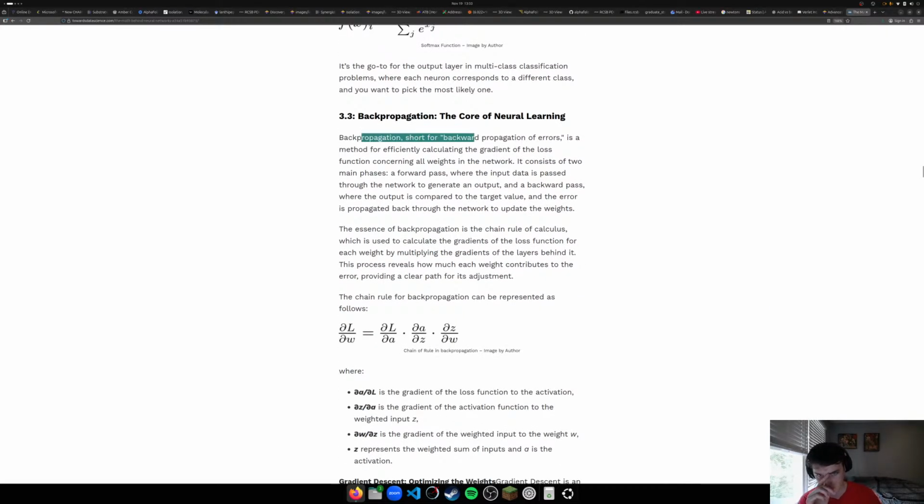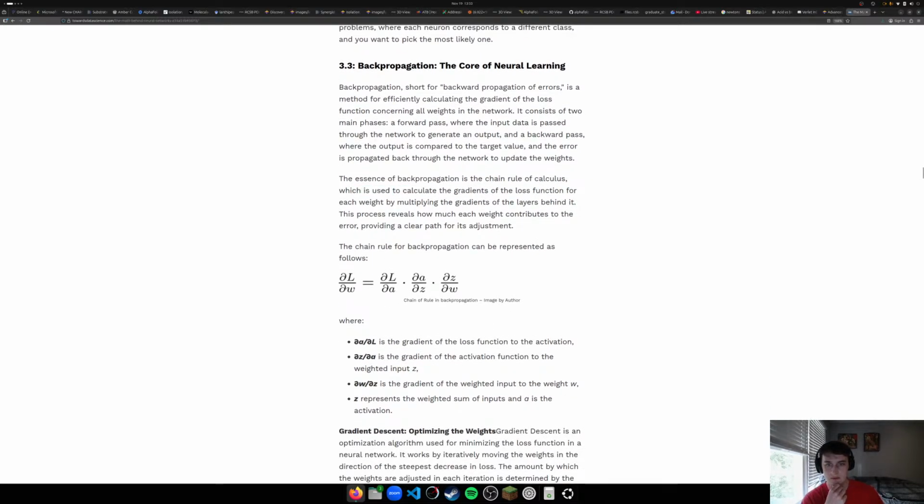Yeah, so this is the core right here. It consists of a forward pass. Backpropagation is the chain rule of calculus, which is used to calculate the gradients of the loss function for each weight by multiplying the gradients of the layers behind it.